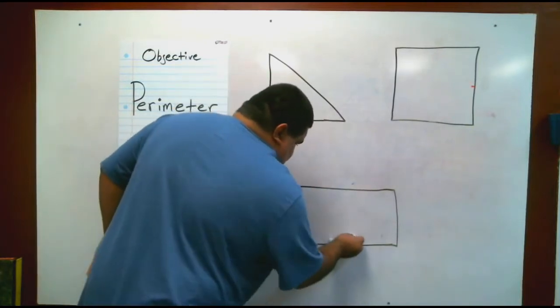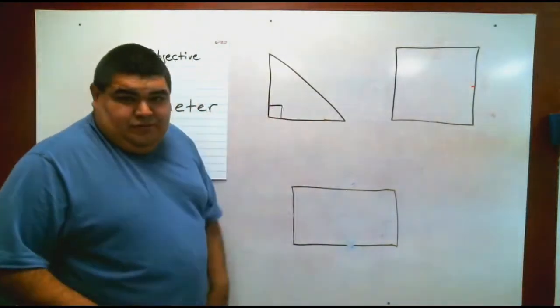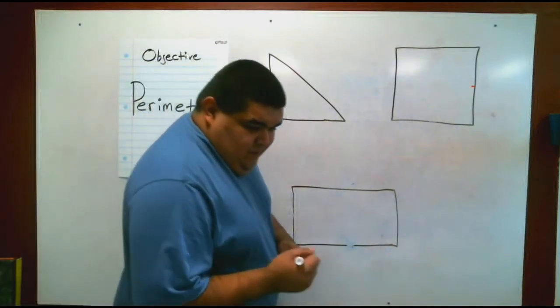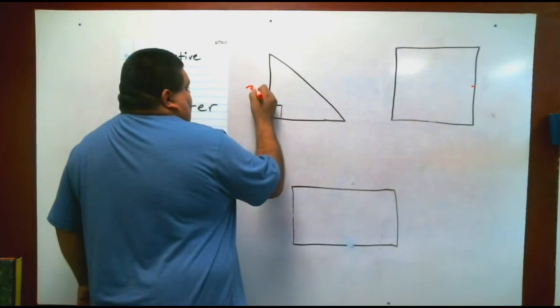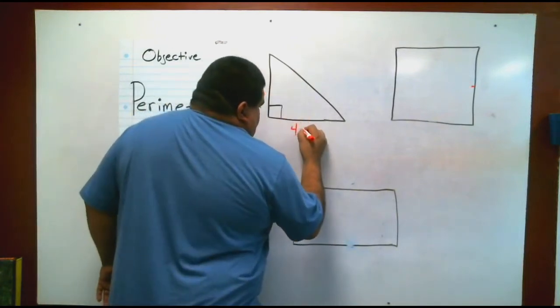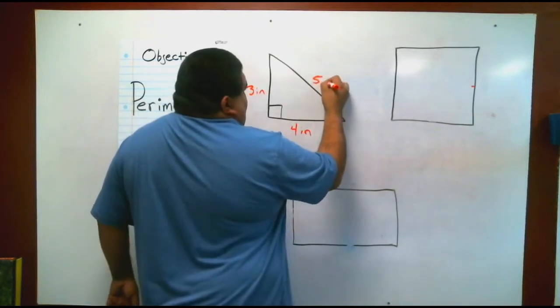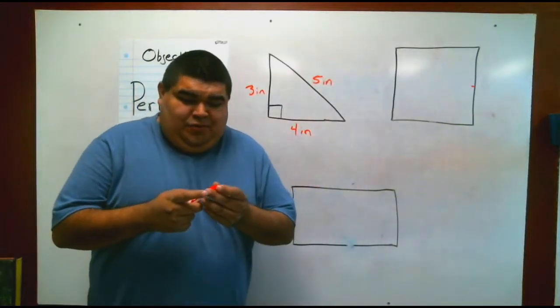All right, here we go. For the first one, the right triangle, we have 3 inches, 4 inches, and finally 5 inches. Remember, find the perimeter.